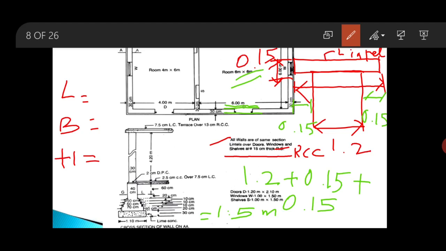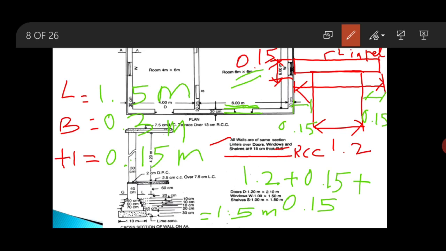So, the width of the lintel is equal to width of the brickwork. So, width of the brickwork at this level is 0.3. So, the width of the lintel is 0.3 meter. Okay. What is the height? The height is given as, that is the thickness, 0.15 meter. Okay. So, in this manner we will calculate the lintel over door, window and shelf.